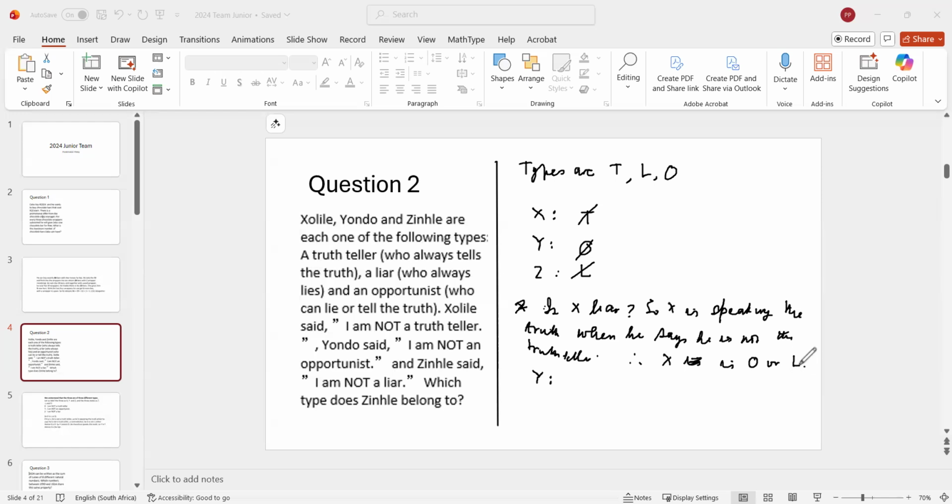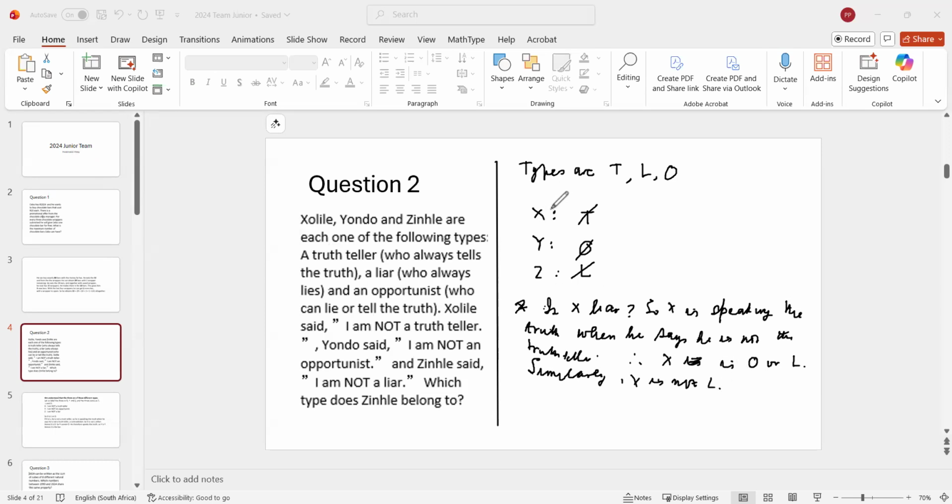Now, if X is L, if X is lying, then he's speaking the truth when he says he's not the truth teller. So if X is L, you have the same problem. I can say similarly, X is not L. Prove by contradiction again.